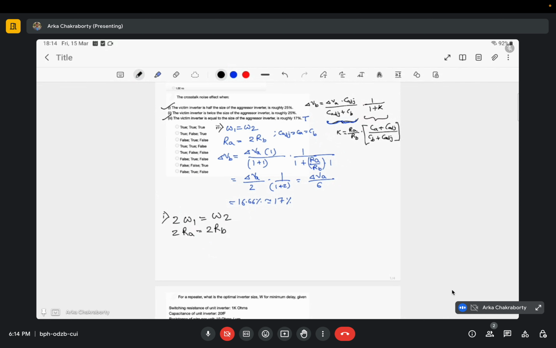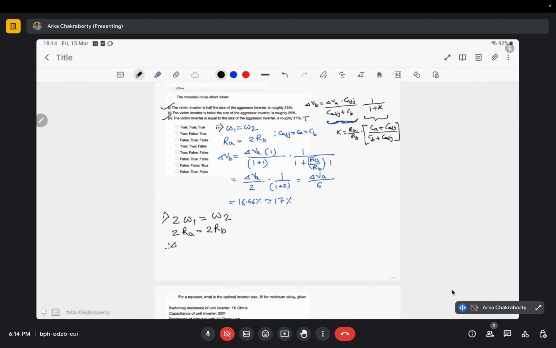Let me think on it for a minute. The victim inverter is half the size of the aggressor inverter. So W2 is the victim inverter, and if it is half the size of this, yes, it's correct. So twice RA would be equal to twice RB.